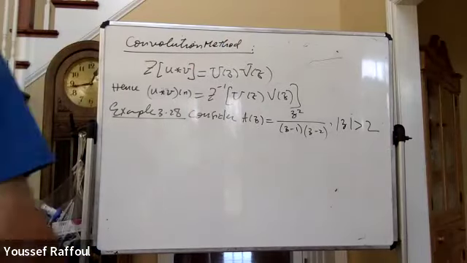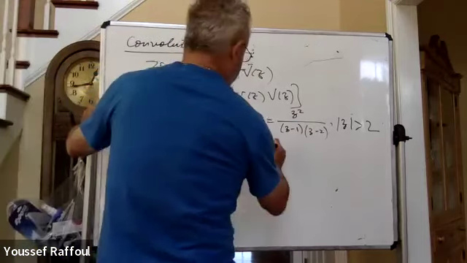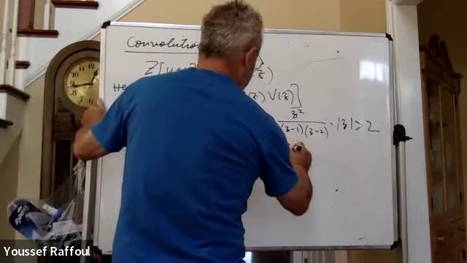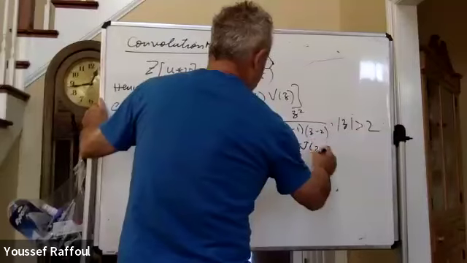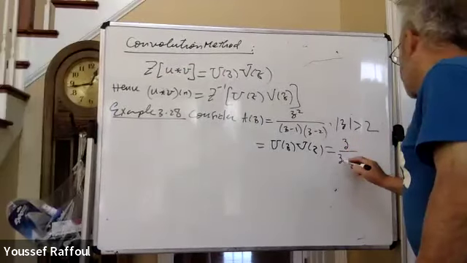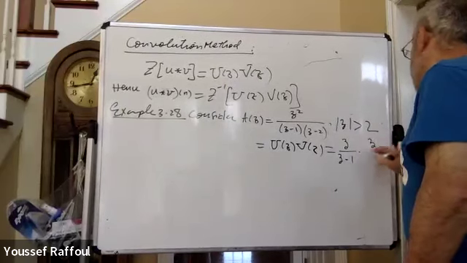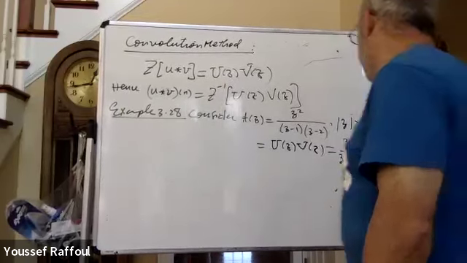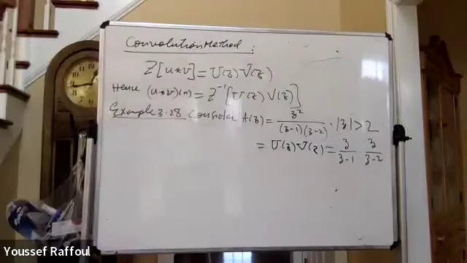So we're going to write this as U(Z) V(Z), which is Z over Z minus 1 times Z over Z minus 2. You see what I did?